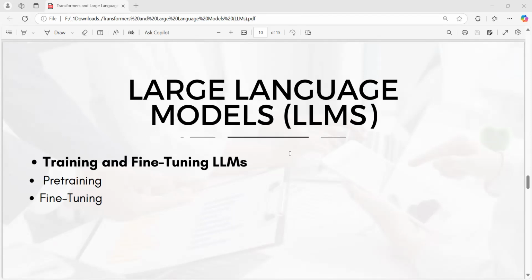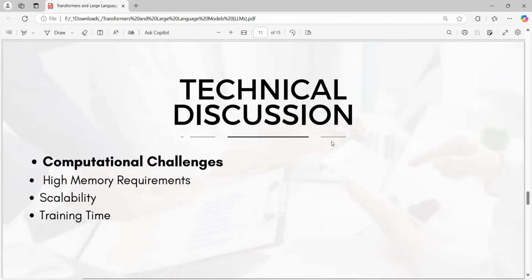Now that we know what LLMs and transformers are, we need to know what issues need to be taken into consideration from a technical perspective. The first thing we consider is the computational challenges.